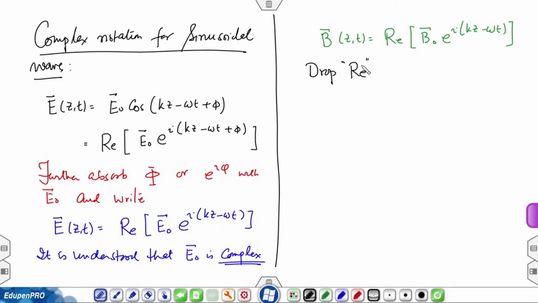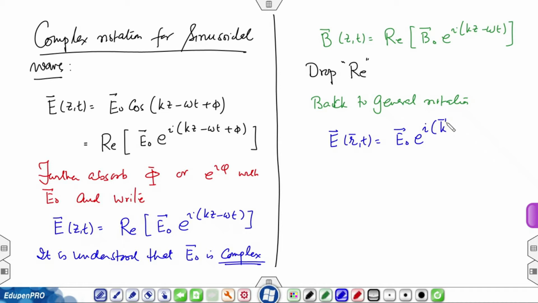So, now let us see, again going back to general notation, I will write E(r,t) equals E 0, understood to be complex, e raised to i (k dot r minus omega t), and B(r,t) equals B 0 e raised to i (k dot r minus omega t).